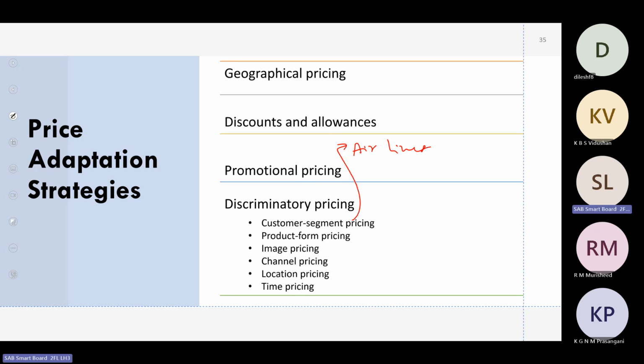How about the location pricing? That is not the geographical pricing. Location pricing is not the geographical pricing. Hotels. Explain please. Hotels change for environment. Example, city hotels versus beachside hotels. But is there any problem by charging different prices by two different hotels?